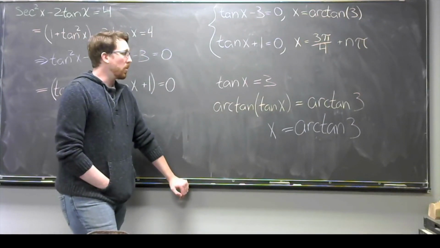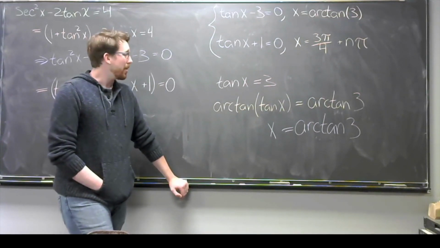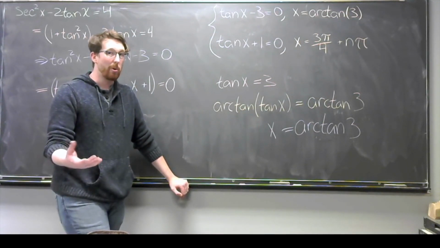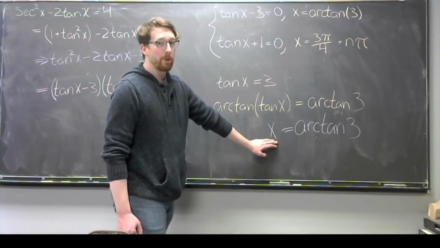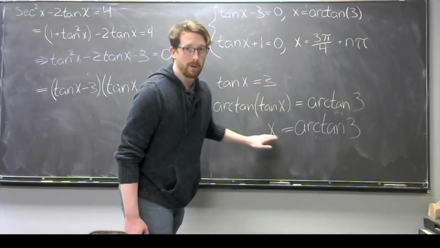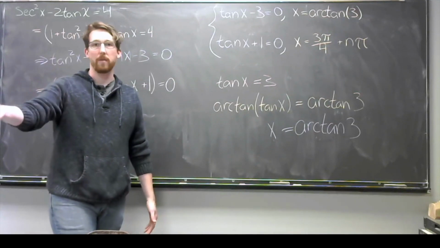So, what I'm saying is, if it's not obvious or easy to find using your unit circle or known identities what x is going to have to be, just leave it in this form: arctan, arcsine, arccosine, whatever.